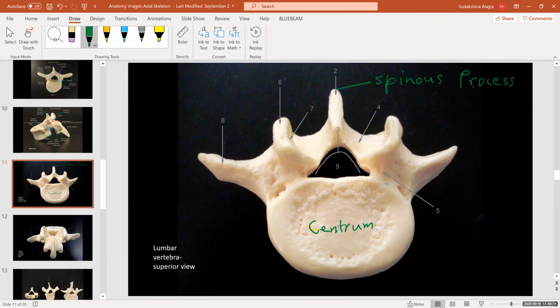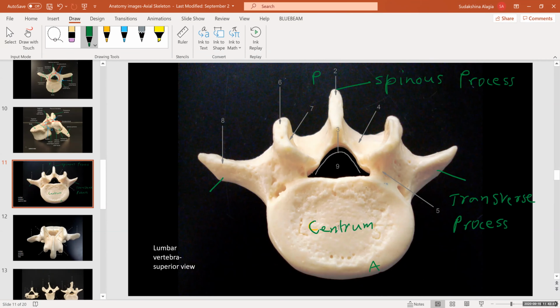Knowing the centrum and the spinous process basically gives you the location of the pedicles and the laminae, and the transverse processes. So now you know this is the anterior and that's the posterior vertebral spine. That makes these two transverse processes.